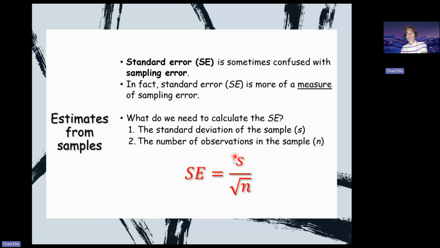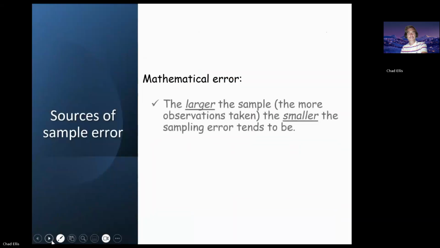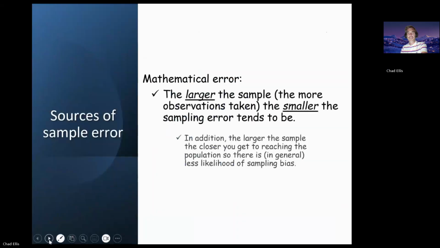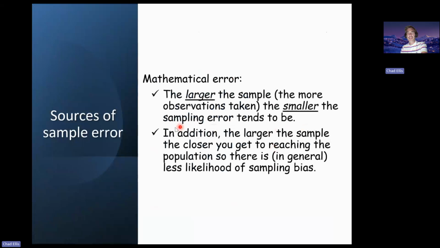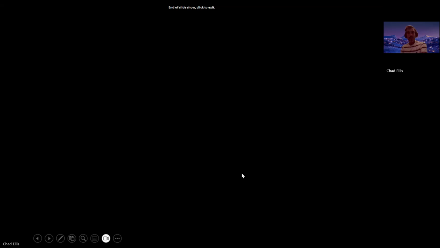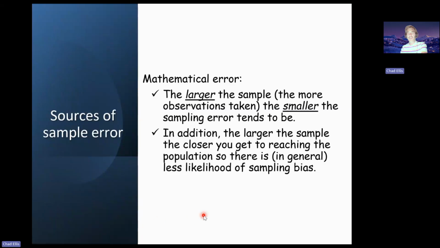So as the standard deviation of the sample decreases and the sample size increases, we get a smaller and smaller standard error. Right, so again, a big thing is the sample size. The larger the sample is, the less amount of sampling bias you're going to have within the sample itself. Okay, so that's it for this lecture.